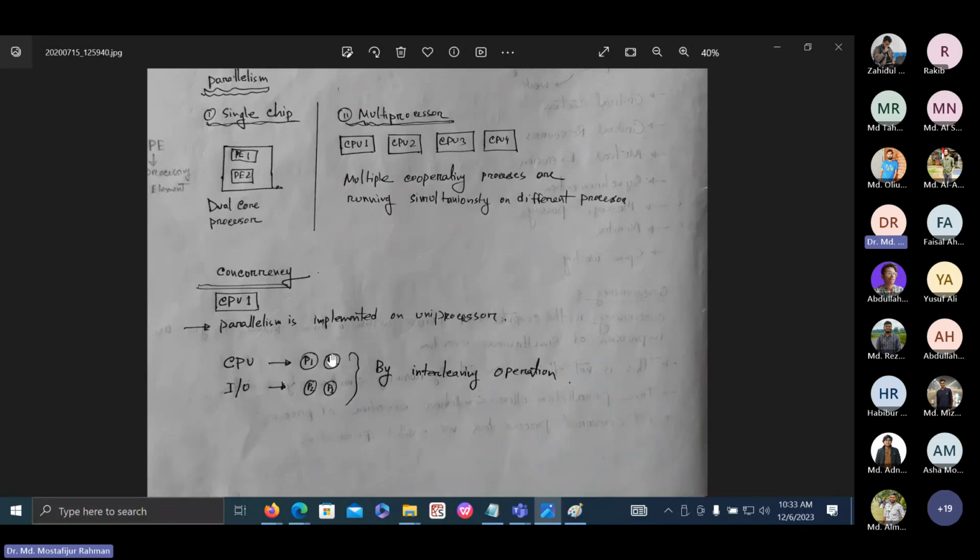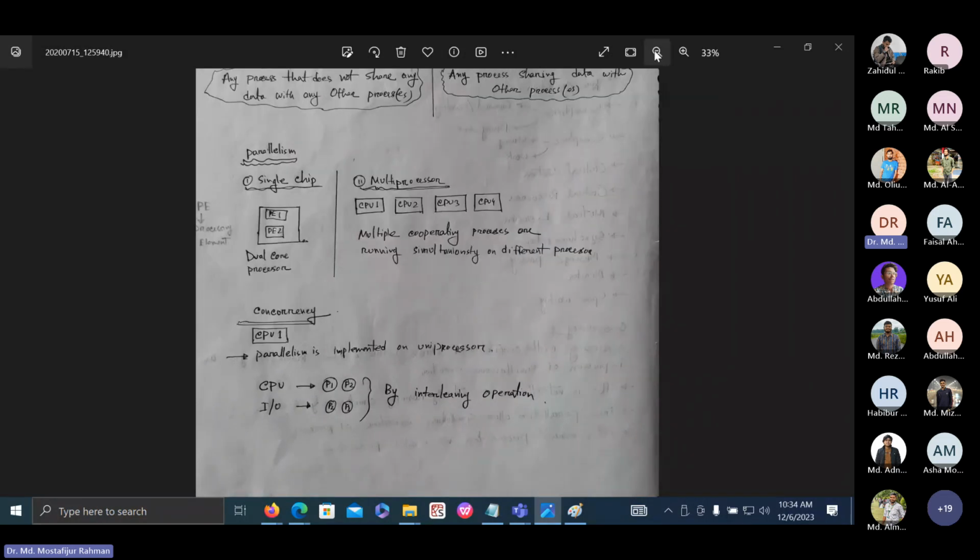During the waiting time, P2 completes its I/O operation. Once the CPU is done, P1 also completes its I/O operation. Pair wise, P1 first, then P2, here P2, then P1. This way, they share the resources one by one and execute. This is using a single processor.